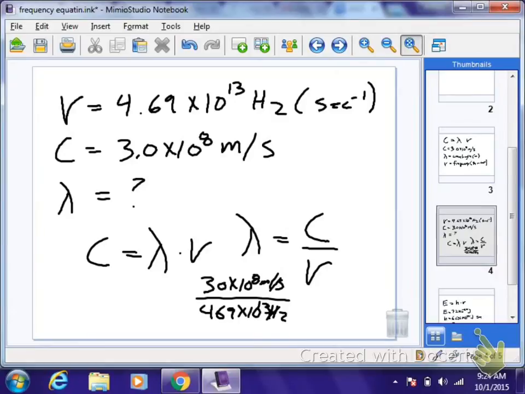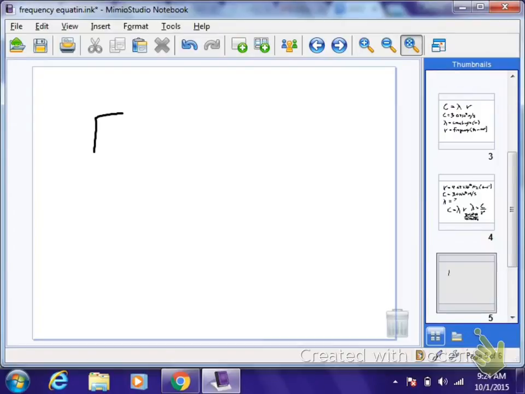Okay. The other one has to do with an energy equation, and I'm going to show you that one here, the energy equation, before we get into using it. So you want to put this in your notes. Energy equals H times V, frequency.